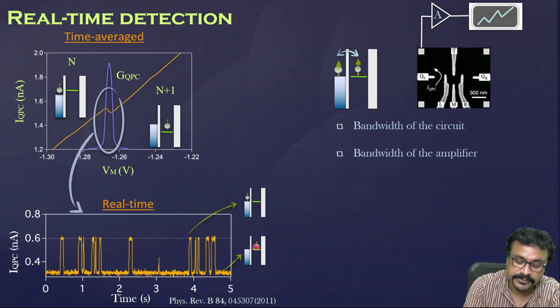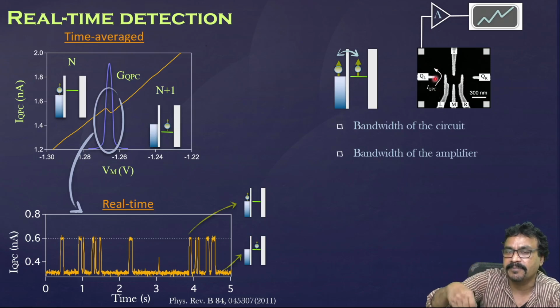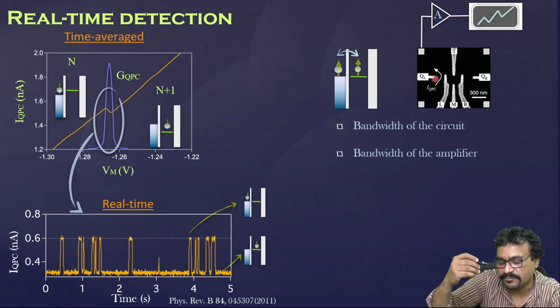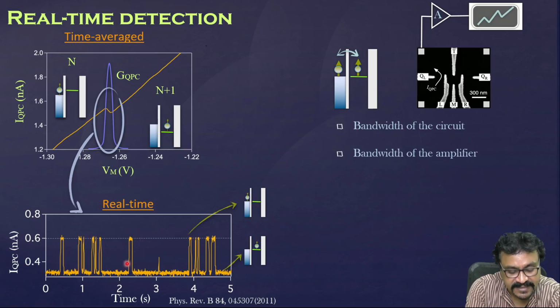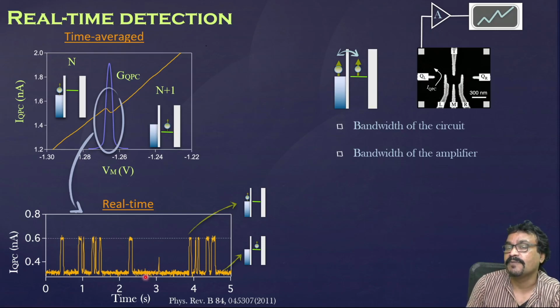That corresponds to the QPC signal going up and down depending on the condition of the dot. When the electron is inside, there is more negative charge, so the current will be low. When the electron travels out, the current will be high: low, high, like that. By analyzing this signal in the time domain, you can get information on how long the electron has stayed inside.